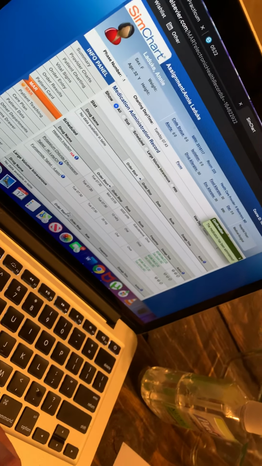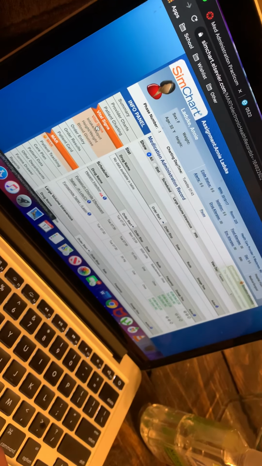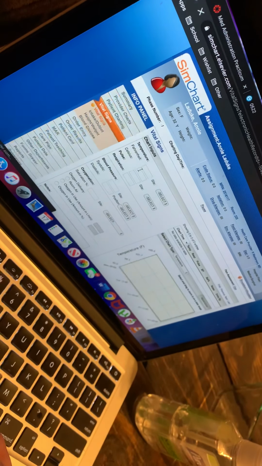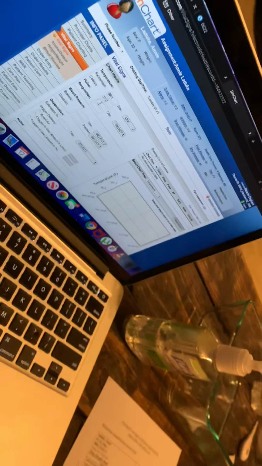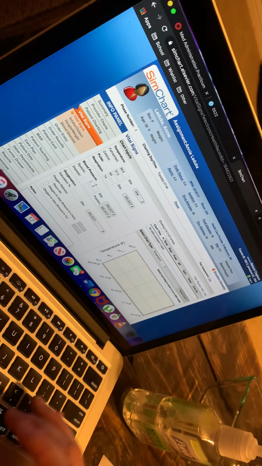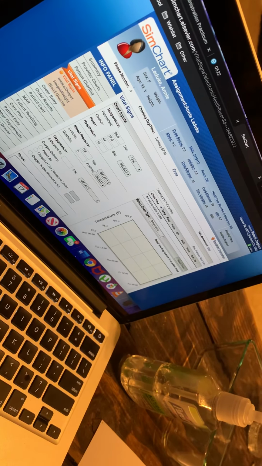Okay, saved. So now I'm going to go up here to vital signs. Go ahead and put in the vital signs. Pulse was 64. Respiration was 14. Blood pressure was 118 over 64.